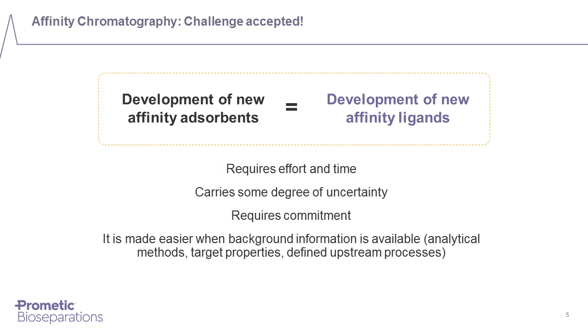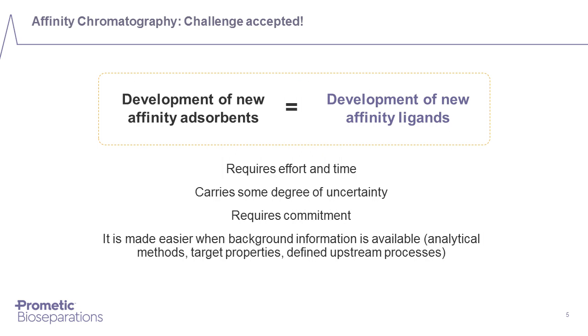One thing that is problematic in downstream in general, it's changing but still somewhat problematic, is that many times people are so involved in expressing and producing the protein of interest that the downstream processing steps become secondary, and they don't spend the time that they should during the development process.